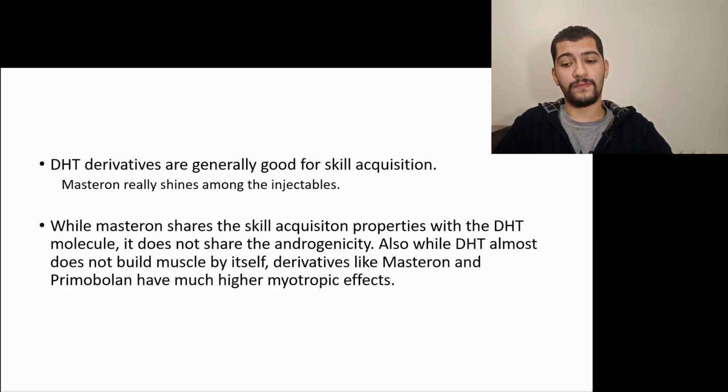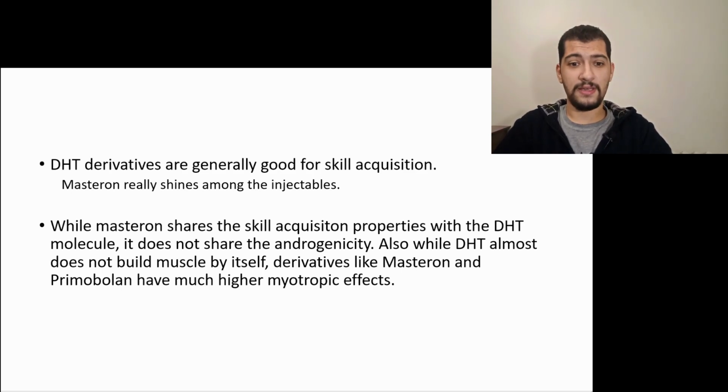You can call it a side effect, but it's well known that on high dose Masteron cycles, you can tear your quads, your pecs, and your biceps a bit easier than with other drugs, because your skill acquisition is sky high, and you can easily progressively overload, especially when you're cutting. You can tear your stuff up quite easily, actually.